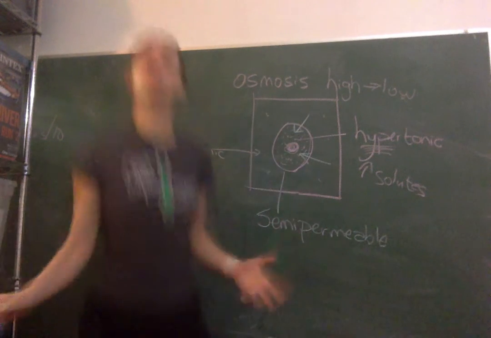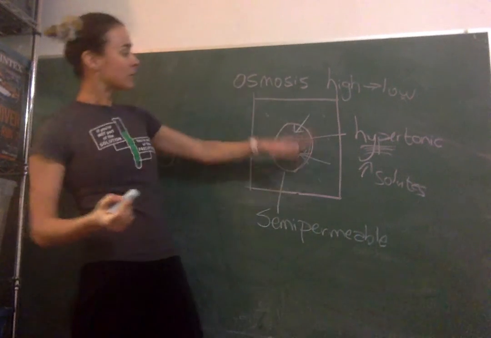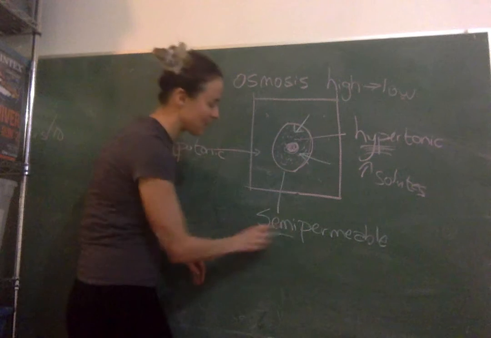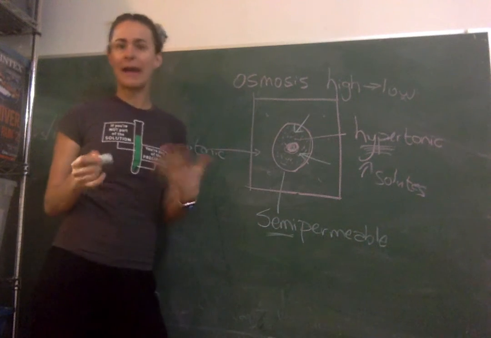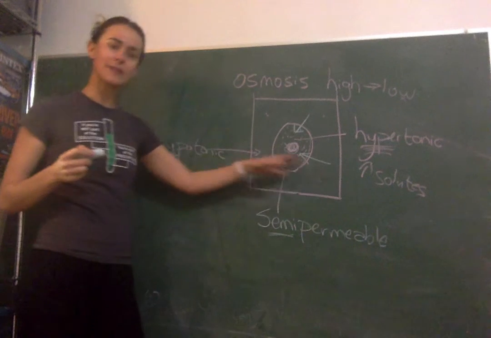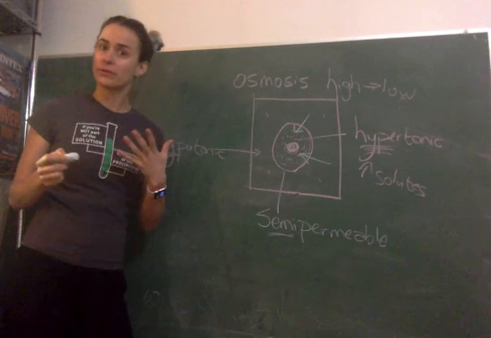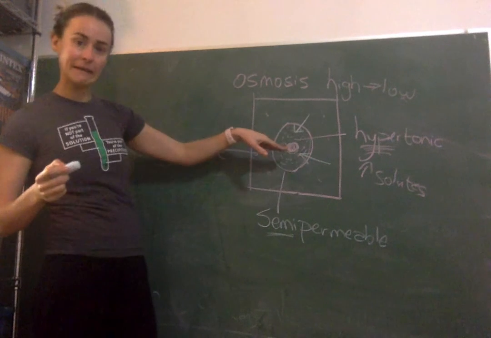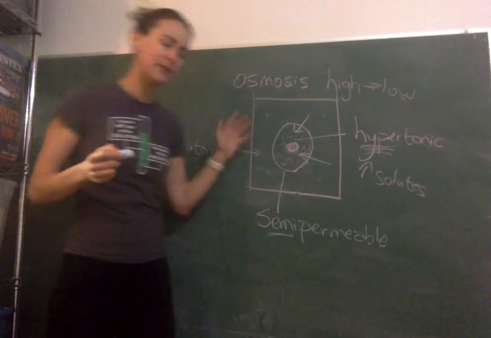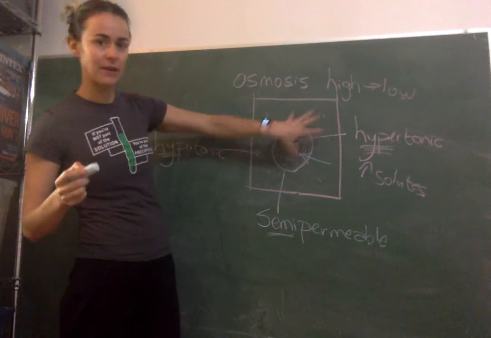Permeable basically means it allows things to go through. It's only semi-permeable, semi meaning half or a little bit, because only water is able to go through the membrane, not the solutes. So the water comes in, and nothing at this point is going out because there's more solutes inside than outside.